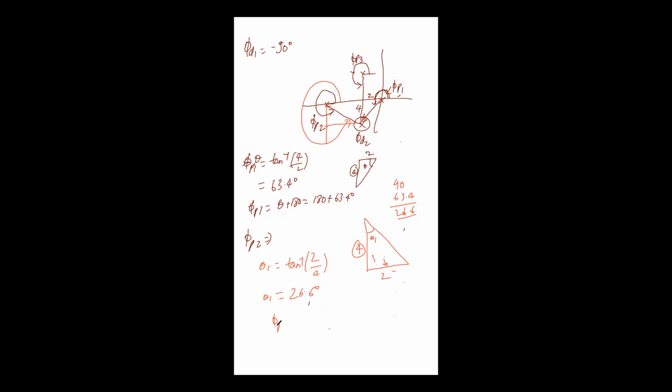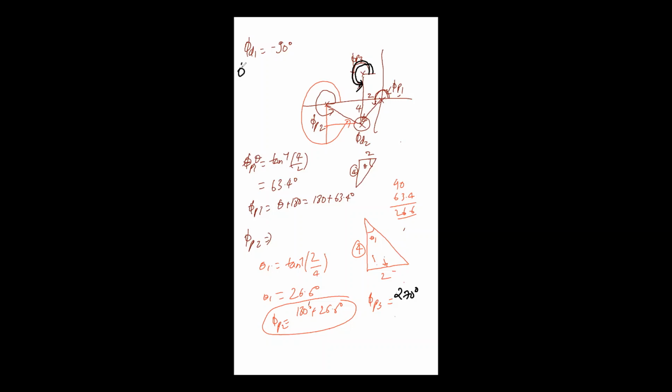Now phi p2 will be 180 degree plus 26.6 degree. So this is phi p2. And what is phi p3? Phi p3 is the angle contributed by this pole to here. So this is 90 degree, this is 180 degree, and this is 270 degree. So 270 degree will be my phi p3.